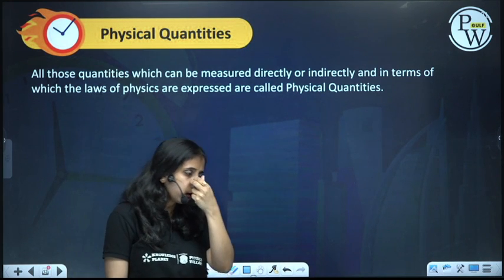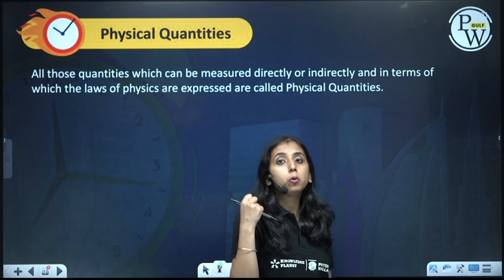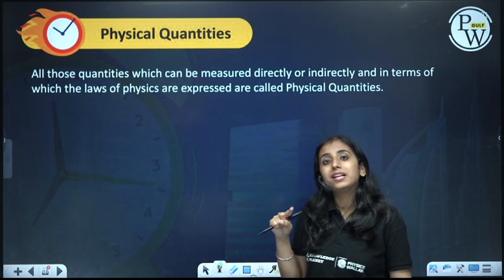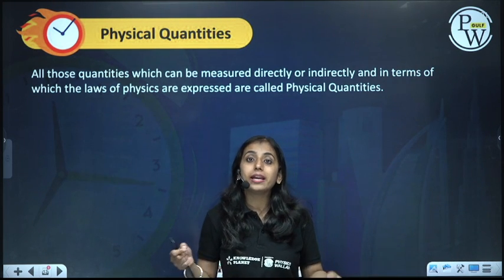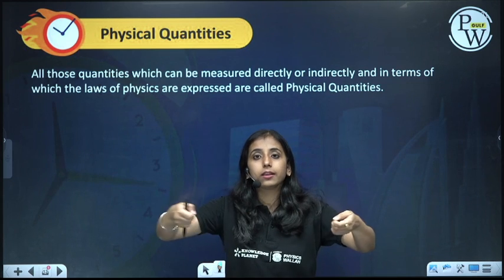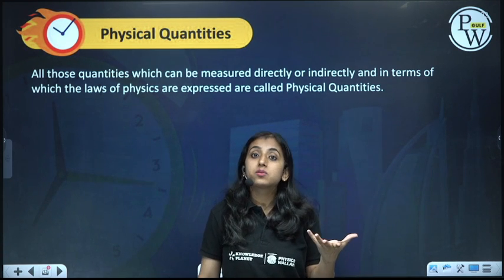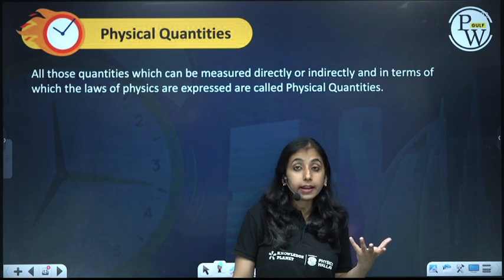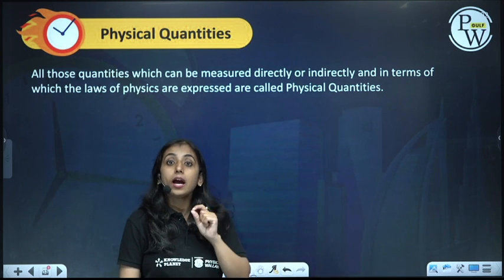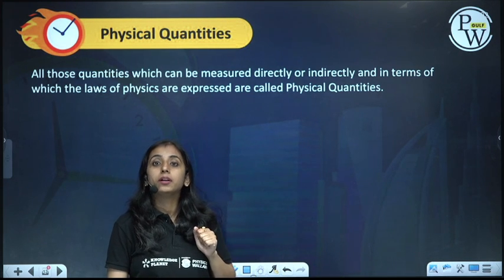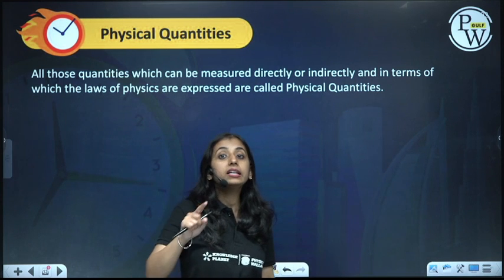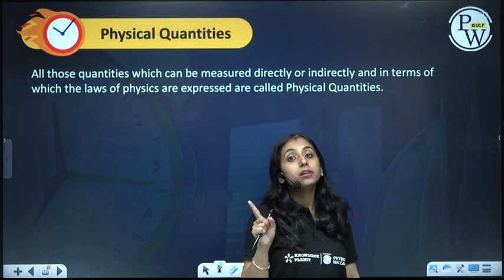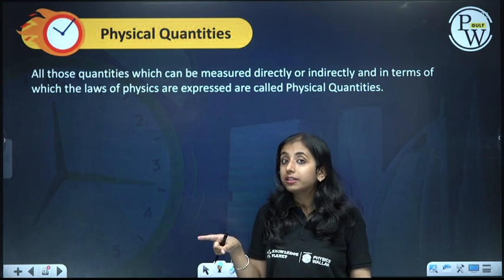So for any quantity we have, there are two methods to measure it. One is the direct method. Just like length, we can measure directly, or mass, we can measure directly. Time, we can measure directly. Or indirectly: we cannot measure the velocity directly.